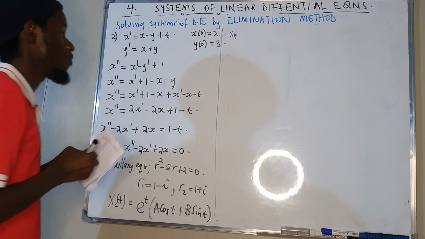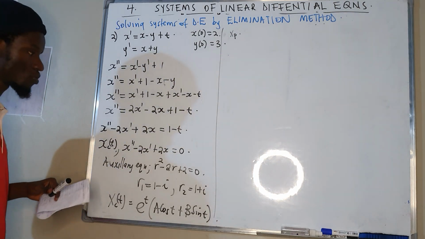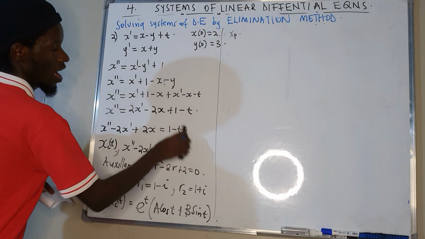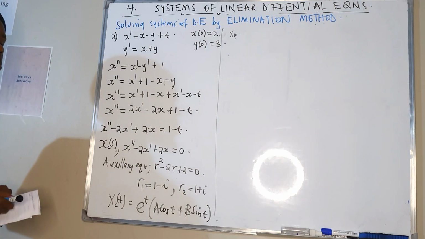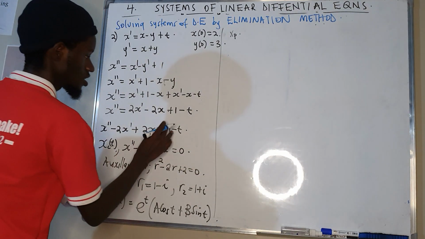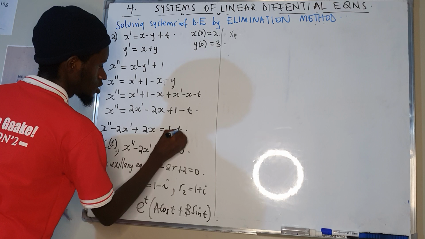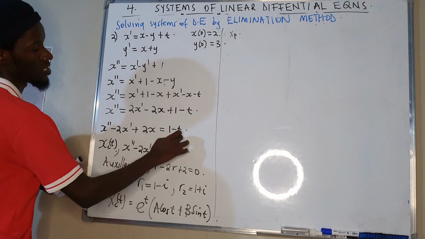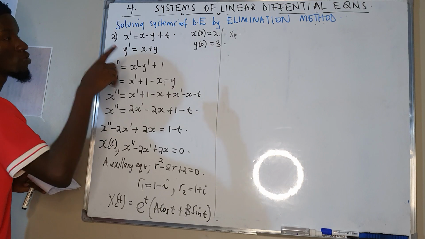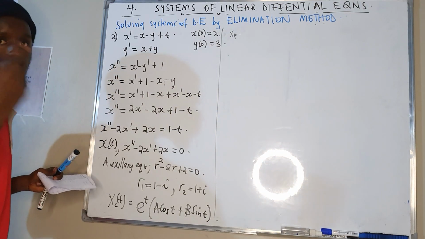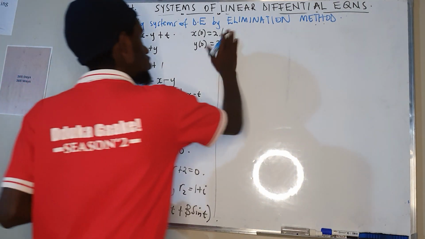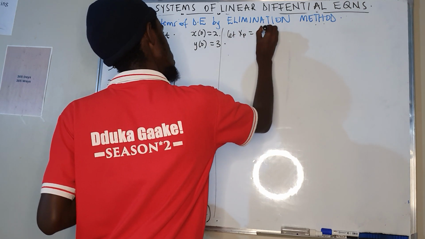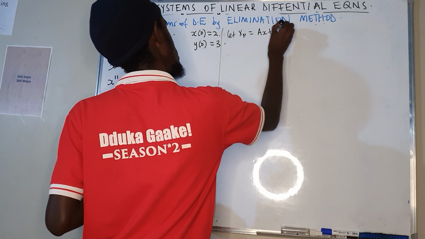Because this equation is linear, I want my x_p to be at plus b, as we saw in the previous videos. Therefore I say let my x_p equal at plus b because it is linear.